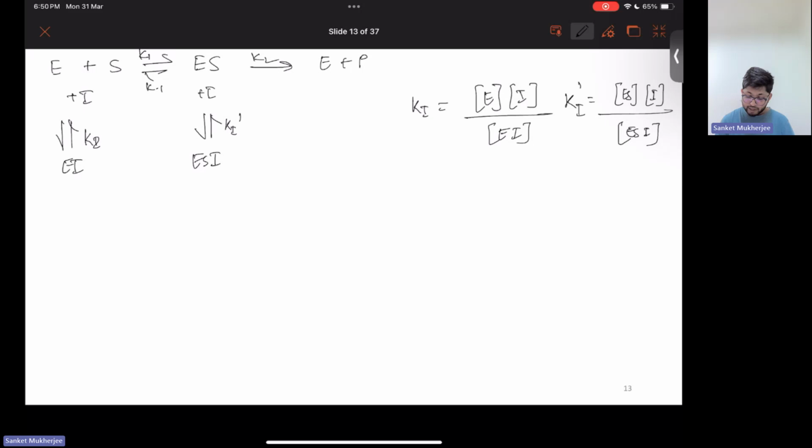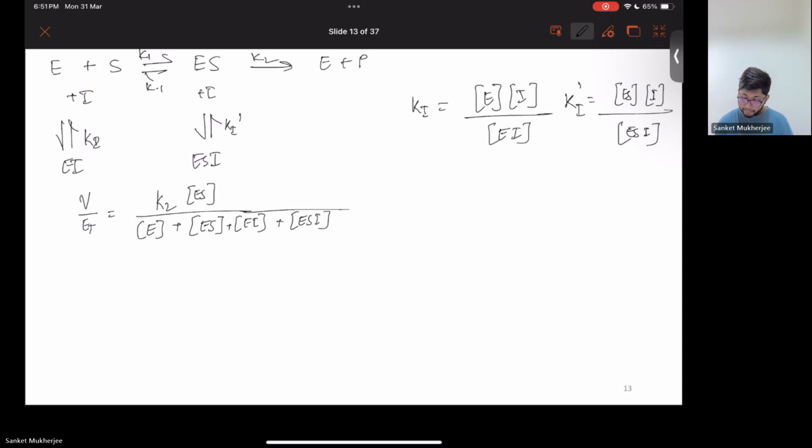So we can write V by Et is equal to K2Es by the total enzyme, or V by Vmax is equal to the substrate by Km.